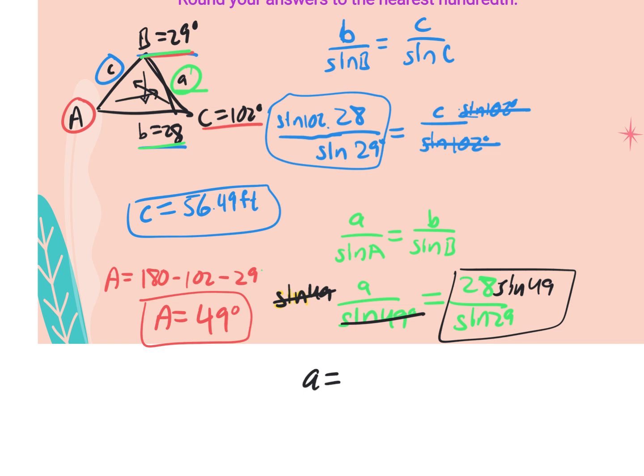Make sure that 28 times sine of 49 is on top, and then divide your answer by sine of 29. We should get, to the nearest hundredth, 43.59 feet. And that solves the triangle.